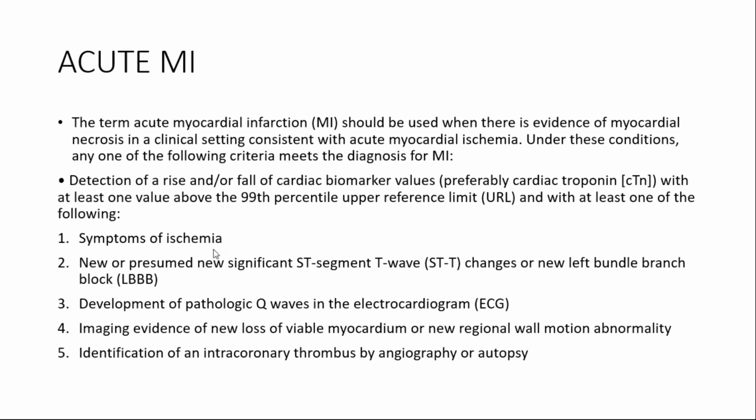Usually patients have symptoms of ischemia, but patients with diabetes mellitus may not present to you with specific retrosternal chest pain, because of autonomic neuropathy. It is a very important thing to keep in mind, as diabetes mellitus is a major risk factor for MI.